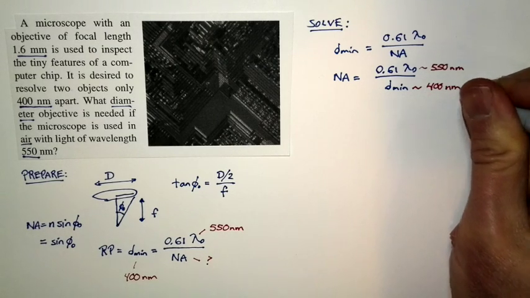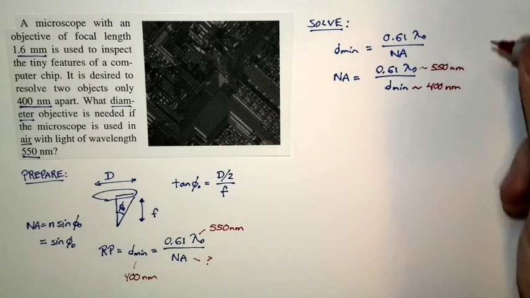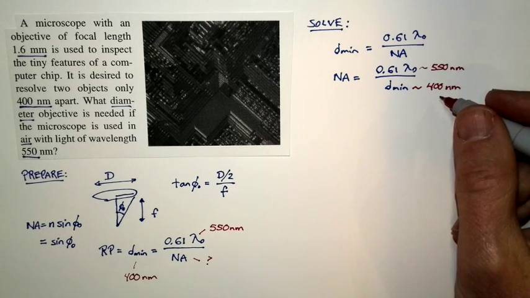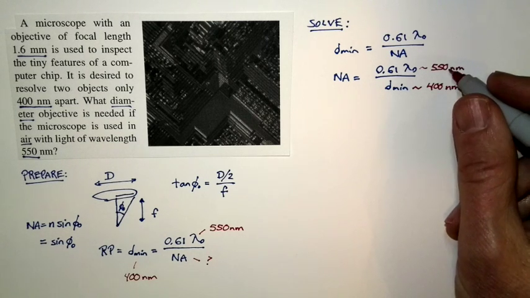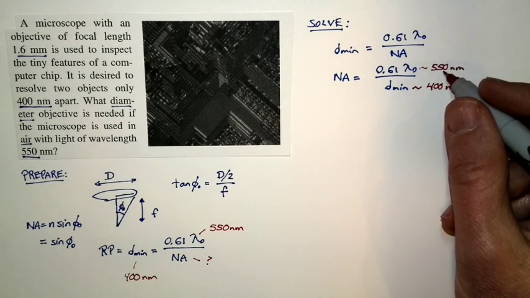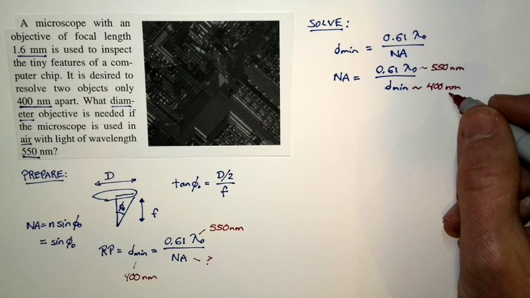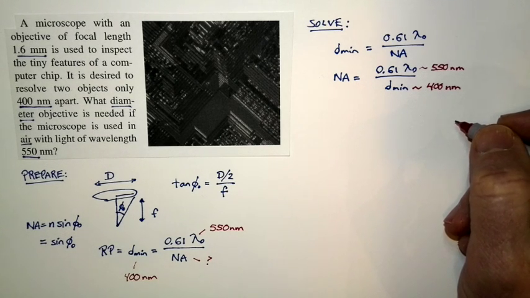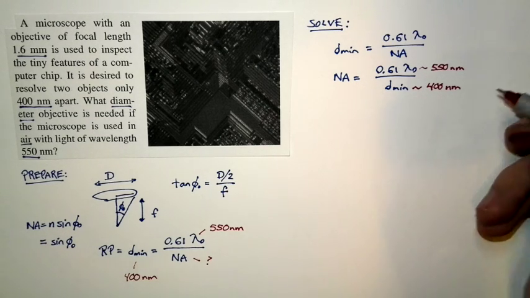By the way, I'll point something out here by way of assessment as we go. We're told that microscopes can resolve objects down to about 1/2 of the wavelength of light. So 1/2 of 550 is 275, these are farther apart than that, and so it is theoretically possible to do this, but it's going to be at the edge of what's possible, okay?